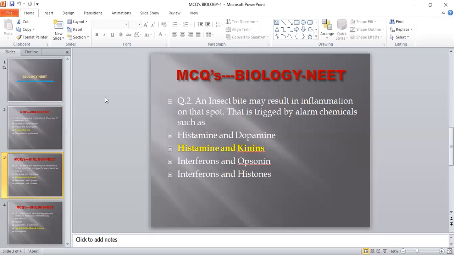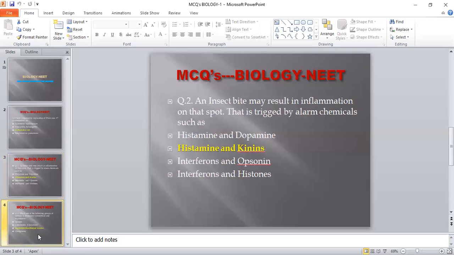Option D, interferons and histones. Histone H1 depletion triggers interferon in cancer cells via activation of heterochromatic repeats. So, students, the correct option for this question is option B, histamine and kinins.